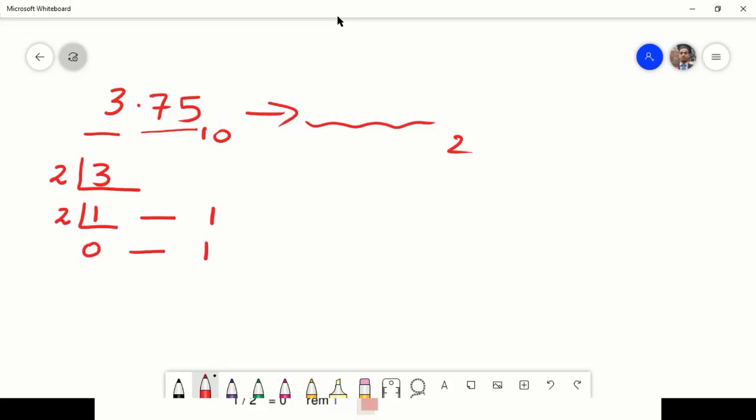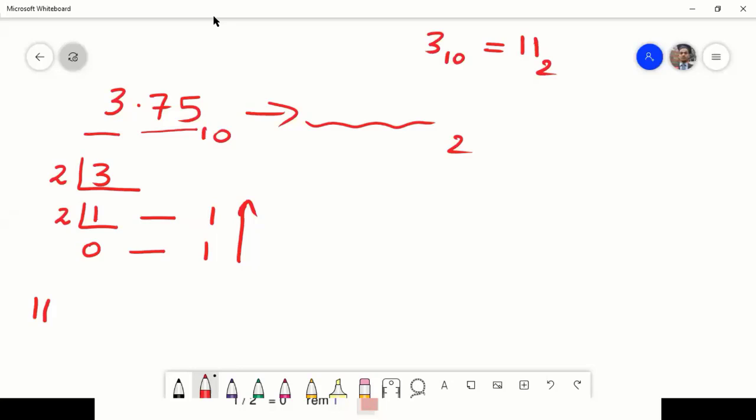Now we can stop with this. From bottom to top we have to read. So 1 1. So 3 base 10 will be equal to 11 base 2.